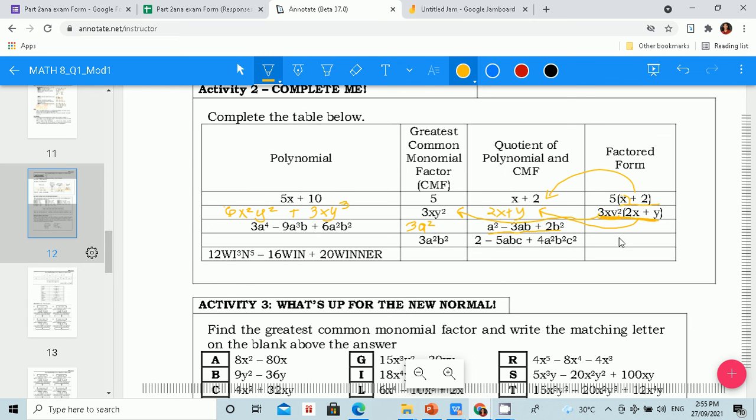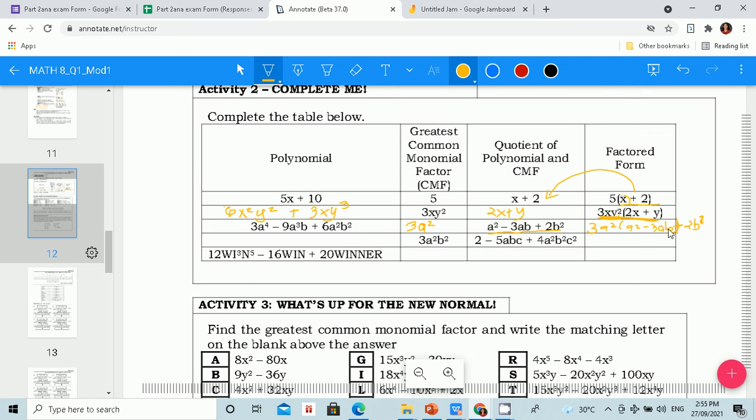Then we have the factored form, which is 3a squared times the quantity a squared minus 3ab plus 2b squared. So that's it.